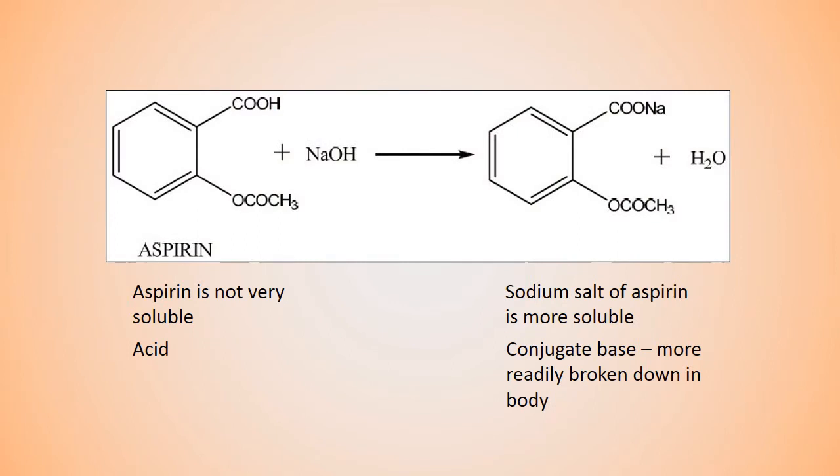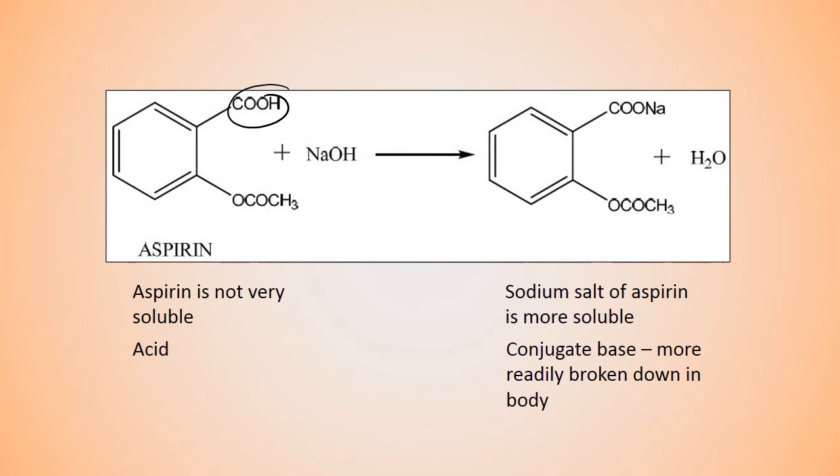So looking at the reaction if we have a carboxylic acid, and we want to turn that carboxylic acid into an ionic salt. So we have aspirin. And if we look at aspirin and we have the structure, we see that carboxylic acid right here with the COOH. Aspirin is not incredibly soluble.